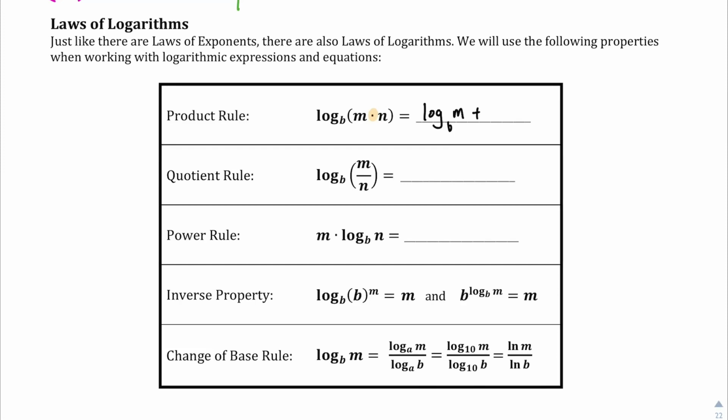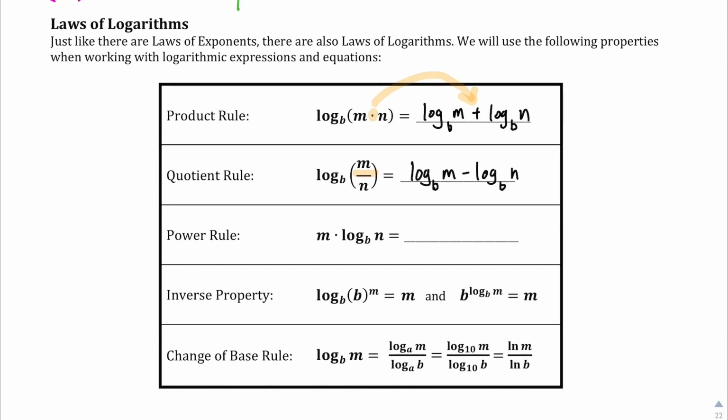So log_b(m times n) is log_b m plus log_b n. Okay, so our product rule: product of values results in a sum of logarithms. Similarly, a quotient results in a difference of logarithms, so log_b m minus log_b n.